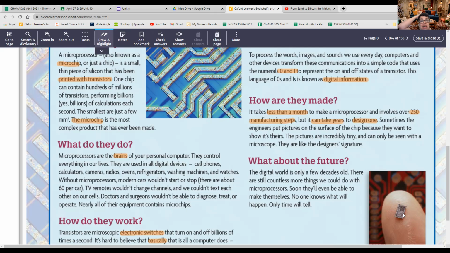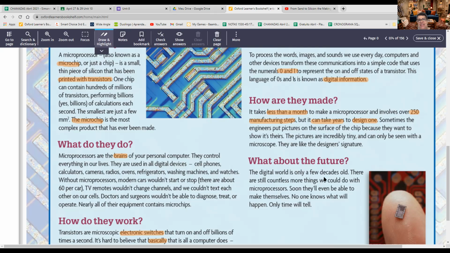We need to use a microscope so we can see the image. That image is a kind of personalization. They personalize the chip, so if we see that image, we know who made it.